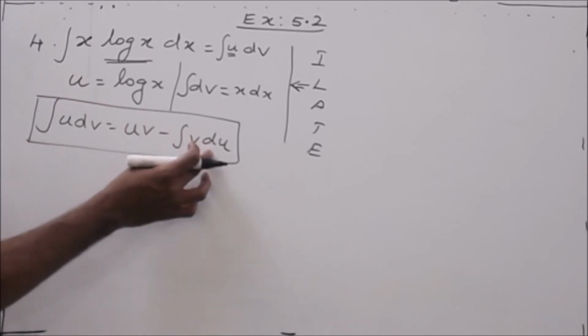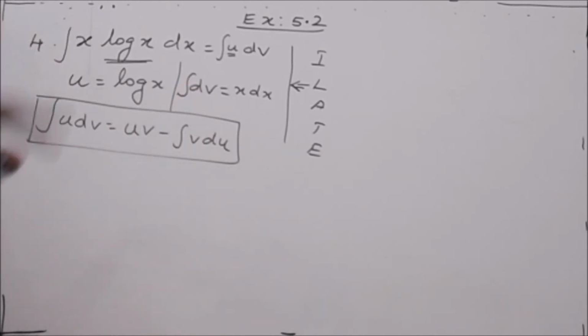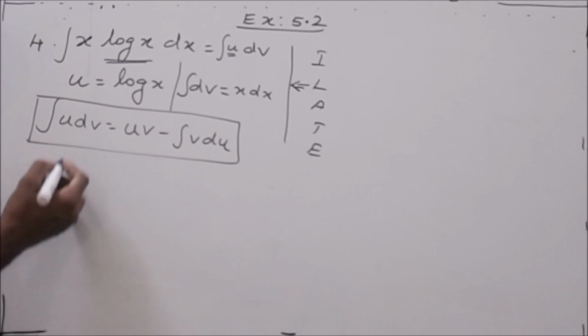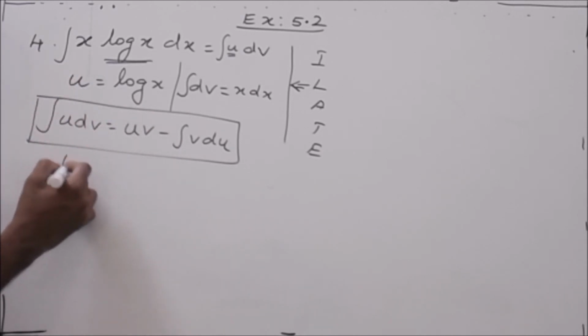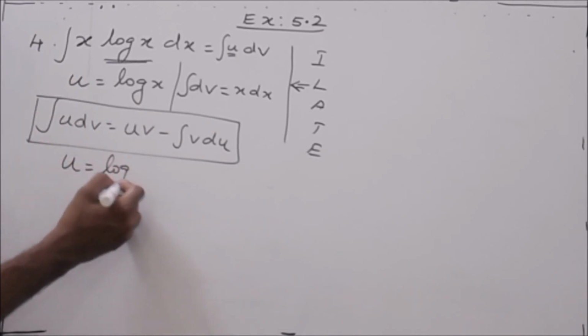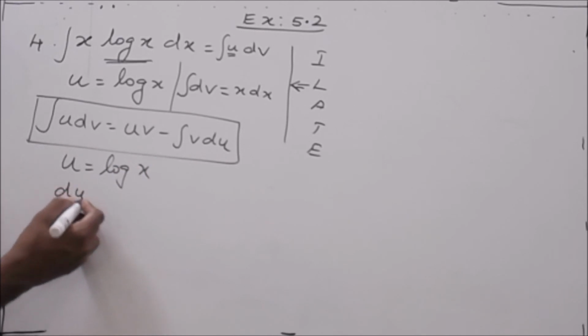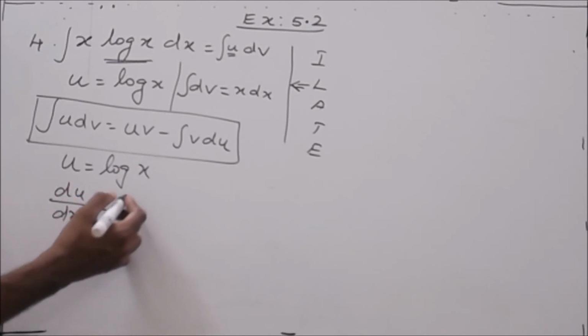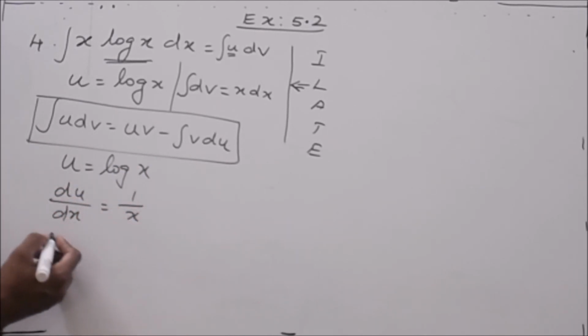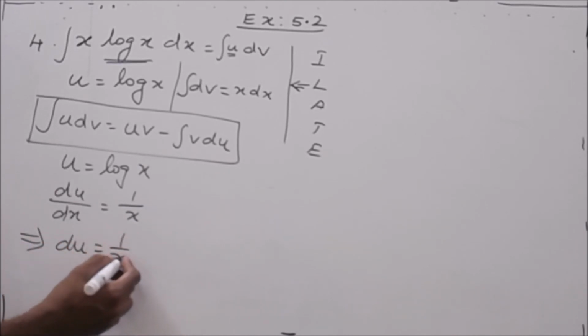From u find du, from integral dv find v. Now u equals log x, du by dx equals 1 by x, which implies du equals 1 by x dx.